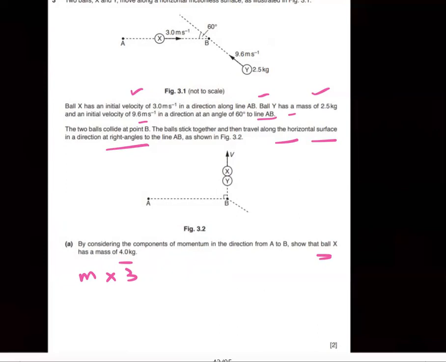So we have to look at this component. It would be equal to 2.5 into mass into 9.6 into cos 60. After equating the values, we are getting the mass of 4.0 kg.